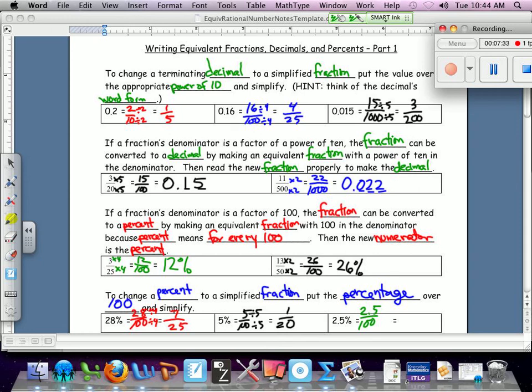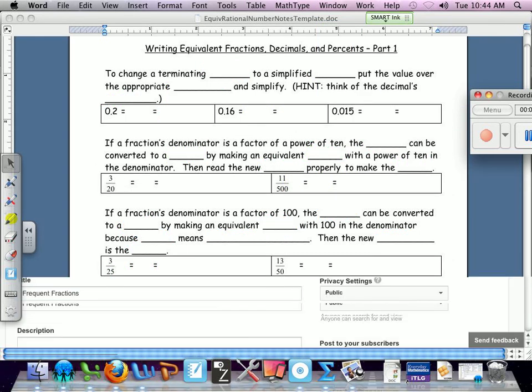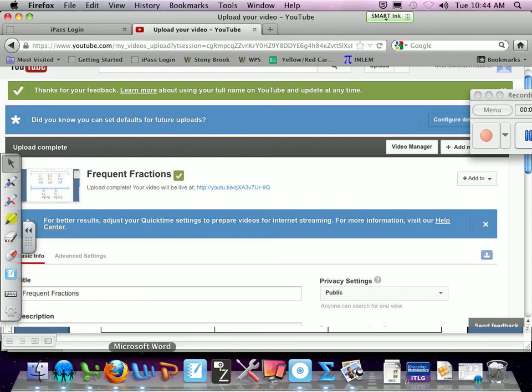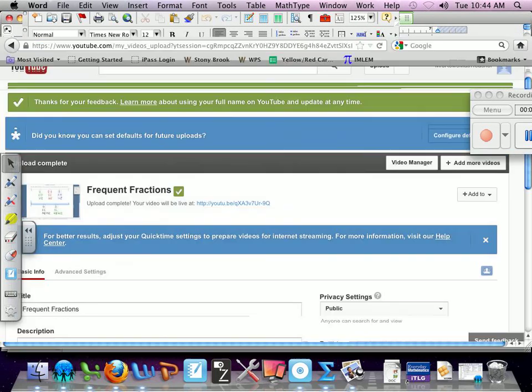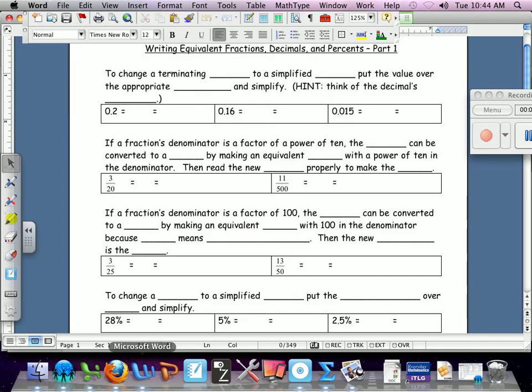And then the last one over here for this particular section of examples, 2.5%. This makes a complex fraction, 2.5 over 100. So to get rid of the complex fraction, I can double the numerator, double the denominator, and I get 5 over 200.